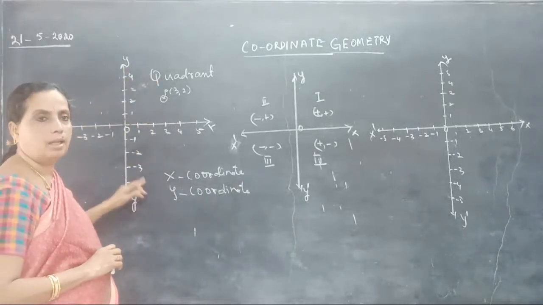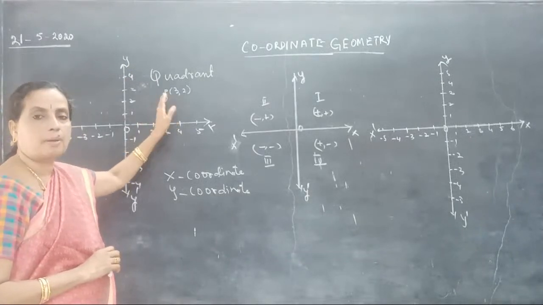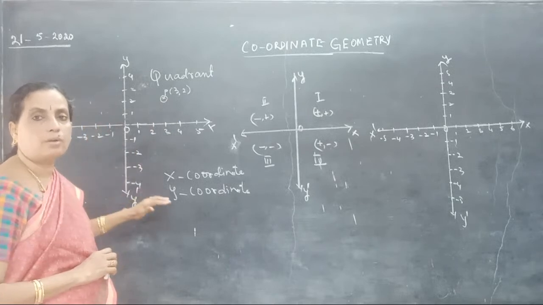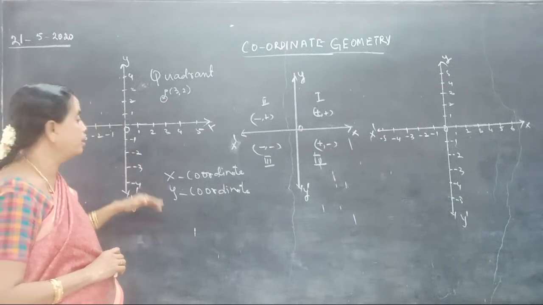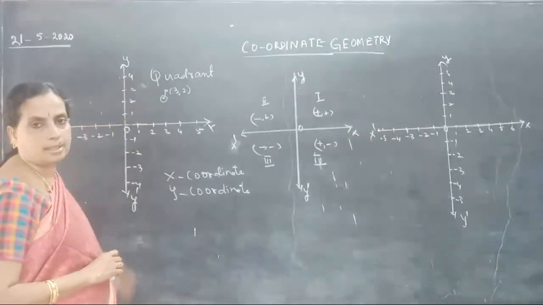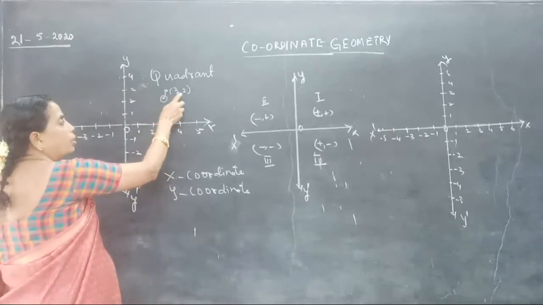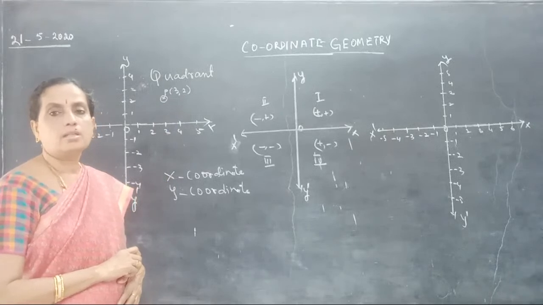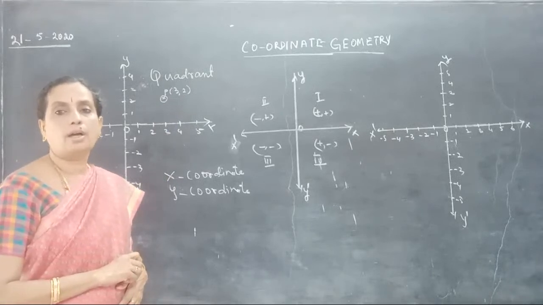Is it clear? X coordinate is the perpendicular distance from the y-axis. Y coordinate is the perpendicular distance from the x-axis. So (3, 2) represents the first number x coordinate, second number y coordinate.